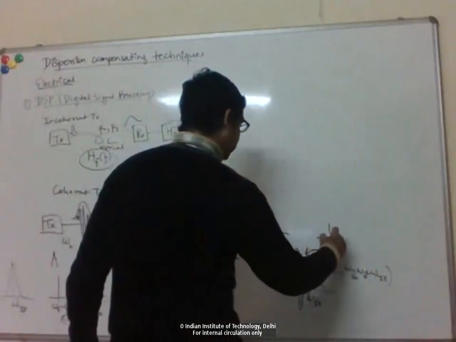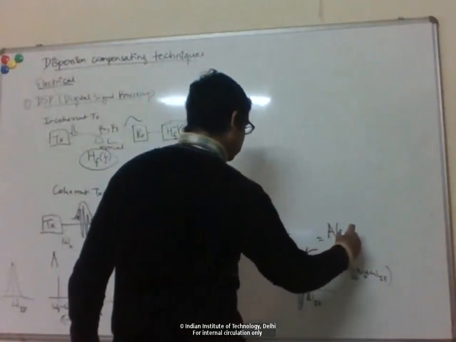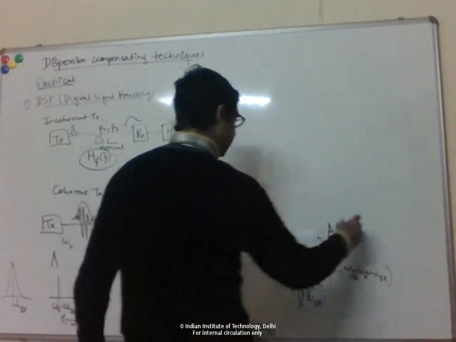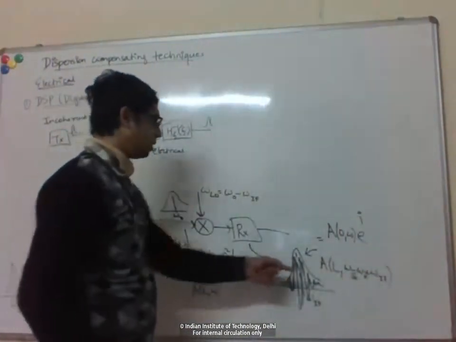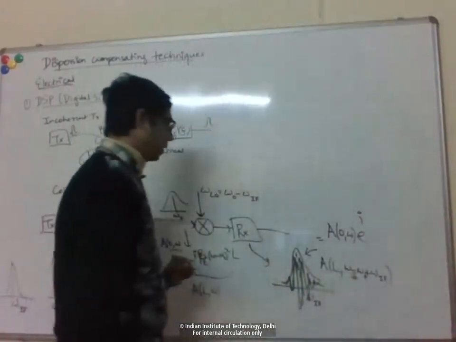So I can write this as basically A0 omega multiplied by this phase, but now centered here, right?